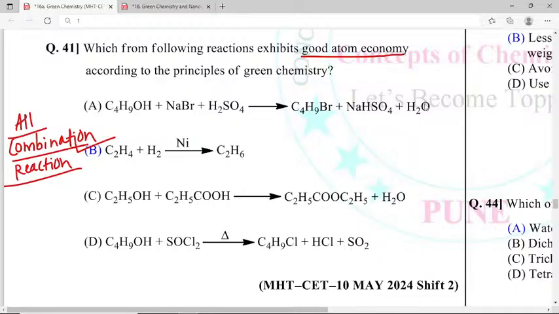Everyone get it? How to solve such type of question in 2024? The same question will appear in 2025 and 2026 also. How to find the good atom economy reaction? It should be a combination reaction, where two or more reactants form a single product.